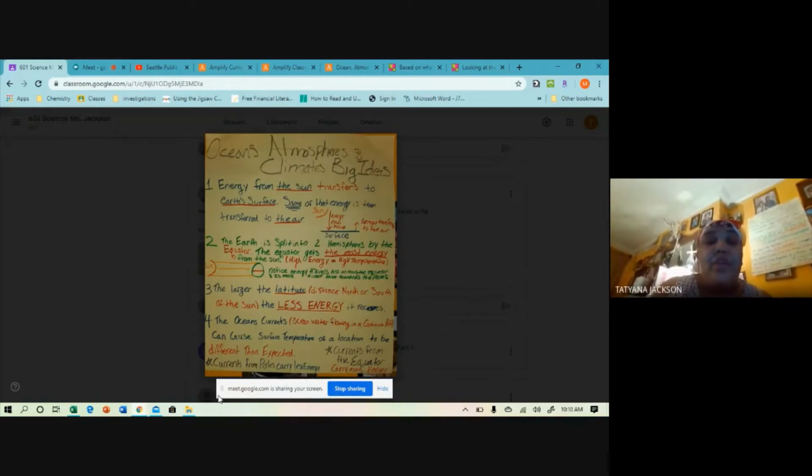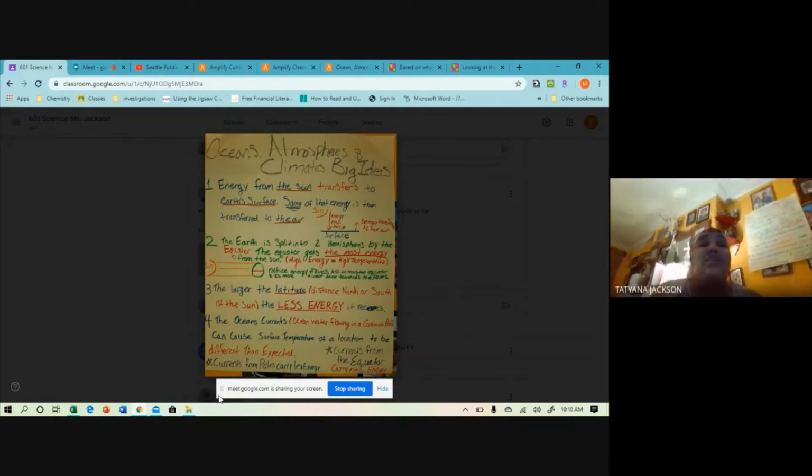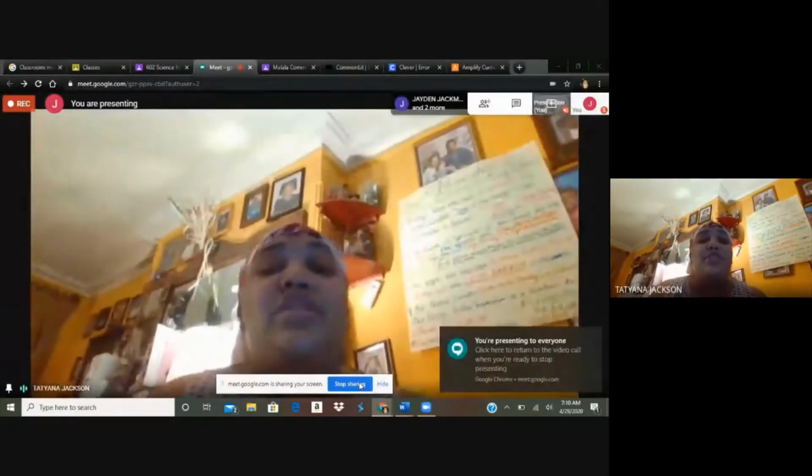And last but not least, last lesson, we should have learned that the ocean currents cause the surface temperature at a location to be different than what's expected. So the currents from the poles carry less energy, and the currents from the equator carry more energy.